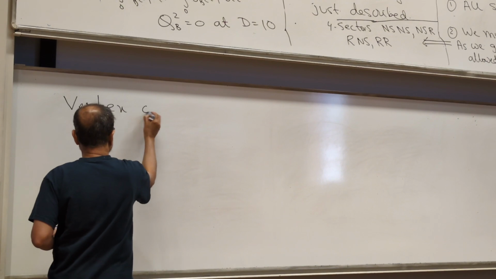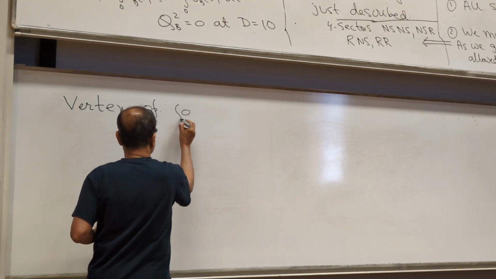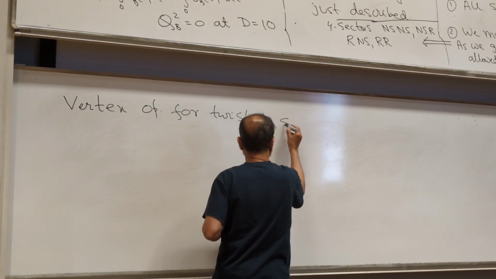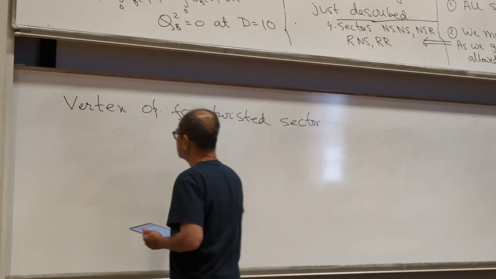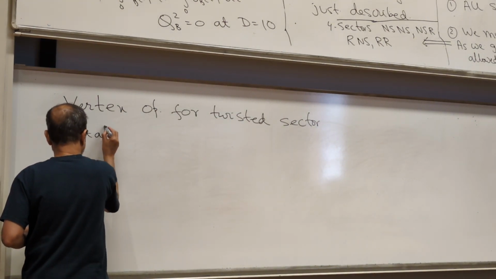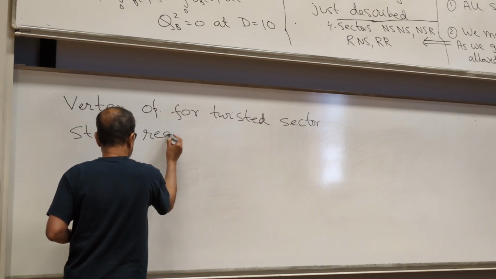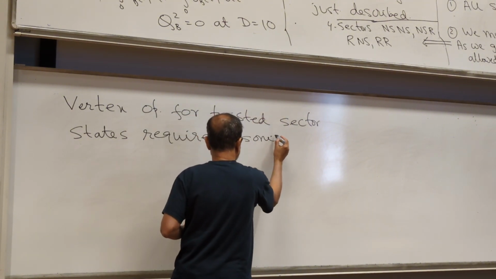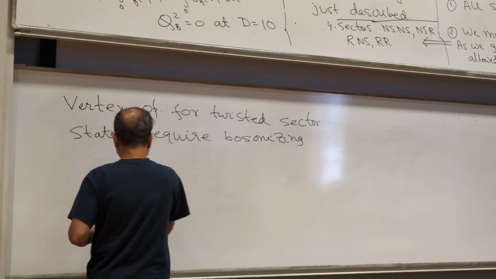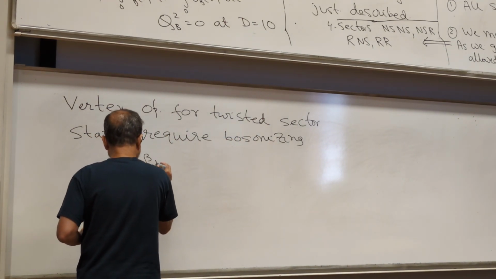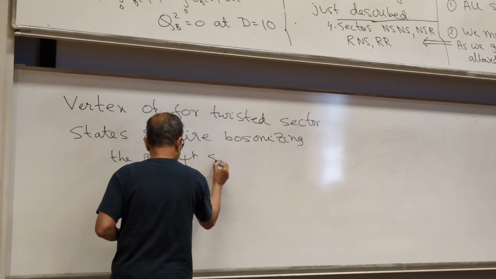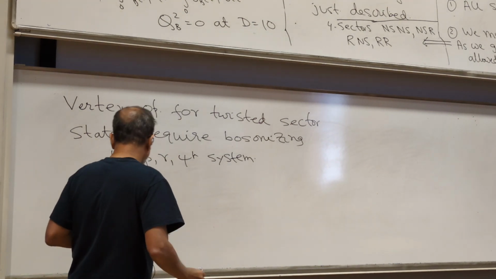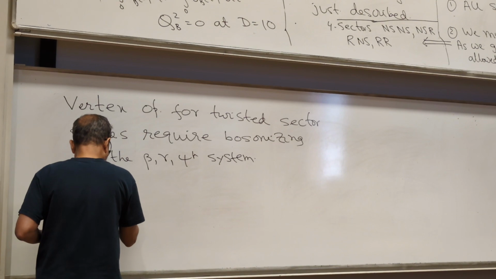So vertex operators for twisted sector states require bosonizing the beta, gamma, psi system. Okay, so let me write the rules for bosonization.